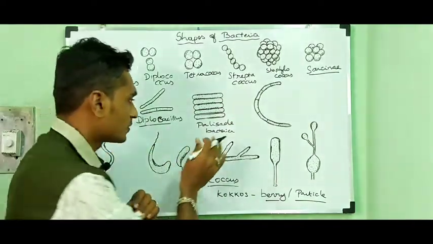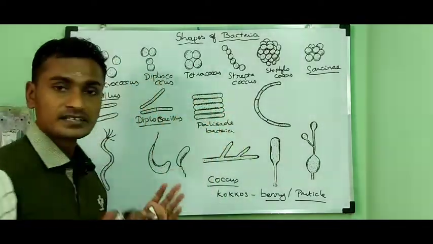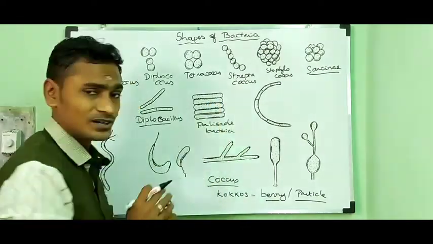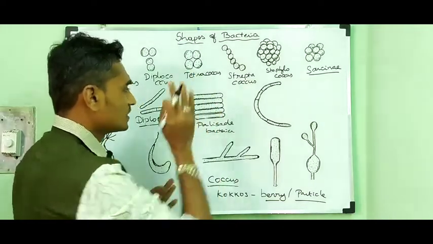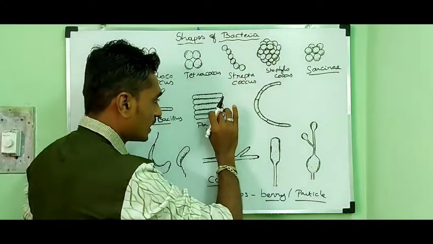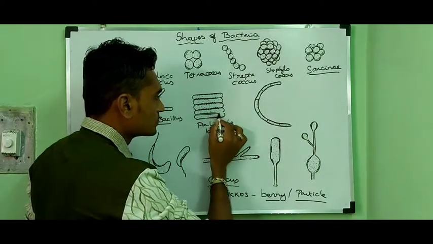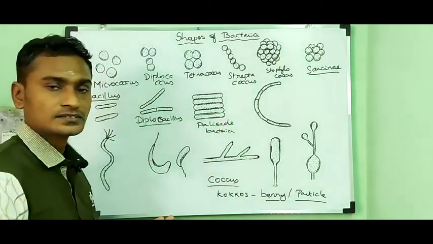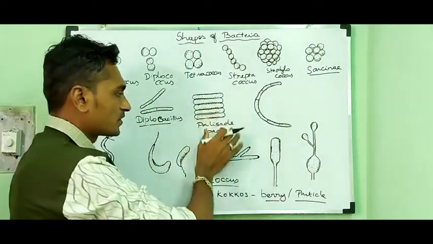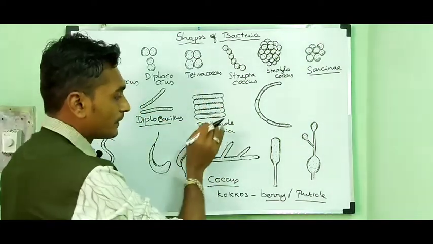That is why they are called palisade bacteria. These bacteria are attached partially to the other bacteria. So that type of arrangement is called angular arrangement, and that type of bacteria is called palisade bacillus.